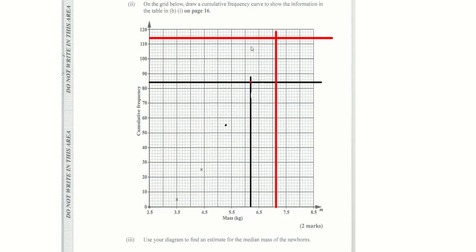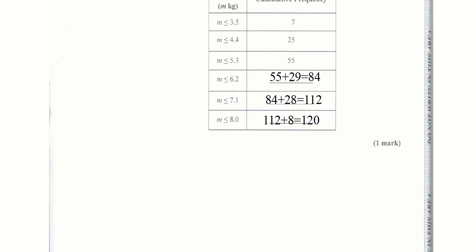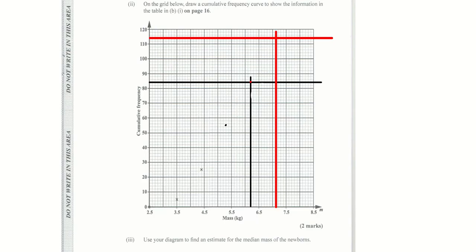That is where the two intersect. This is 7, so 7.1 would be here. And then your last point, when it is 8, is 120, so 8 would be here. I'll use a different color. 8 is here, and 120. Right there, and then this one is right here.